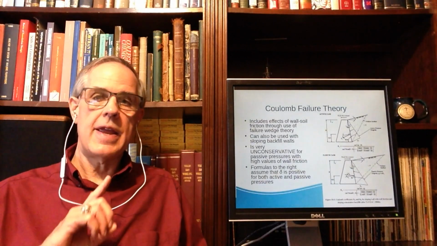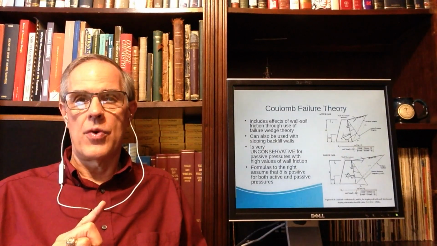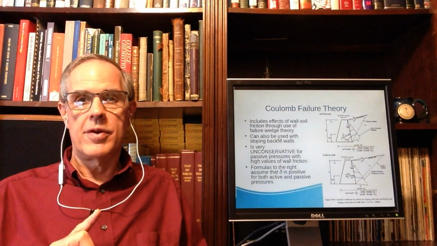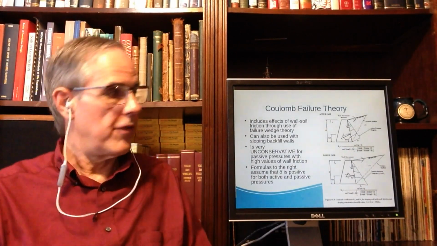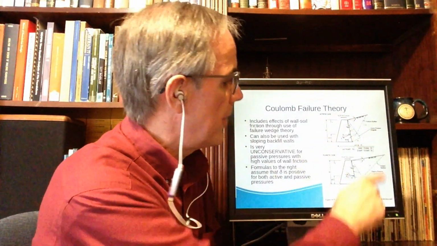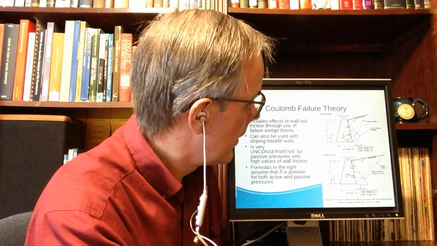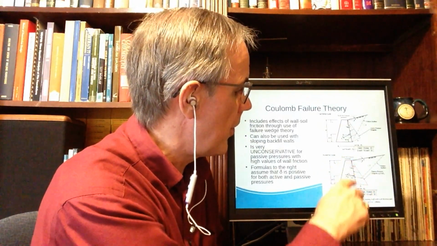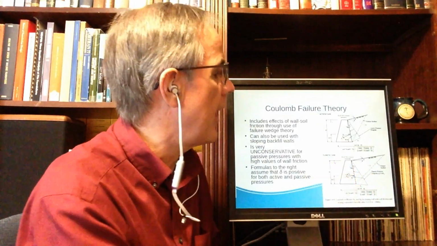One thing, anytime you see equations for Coulomb, or for that matter Rankine, friction earth pressure coefficients, you need to make sure you have a diagram like this that explains their sign convention. For example, this one uses a theta, where in other words a vertical wall will have a theta of 0 and then it increases this way or decreases going back that way.